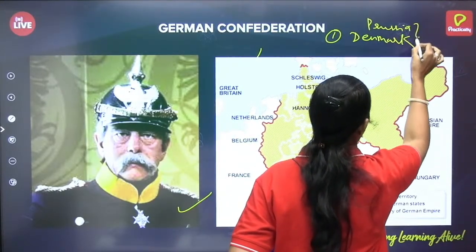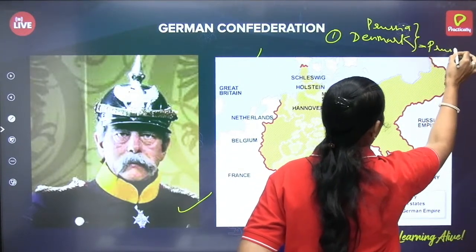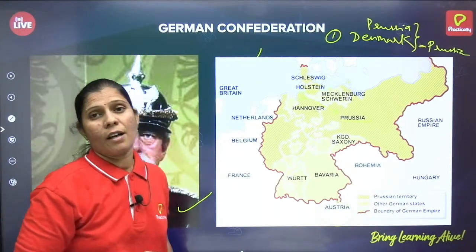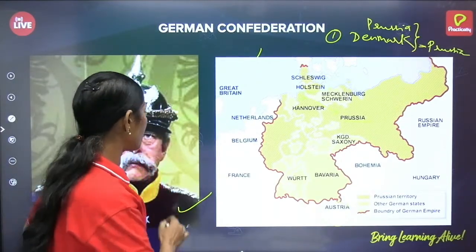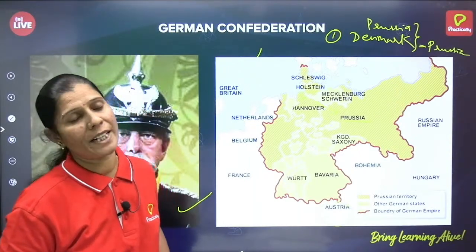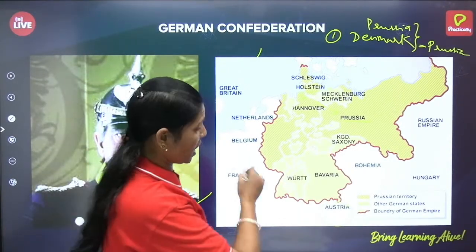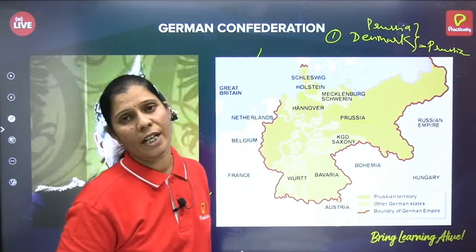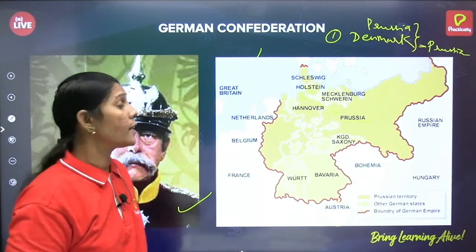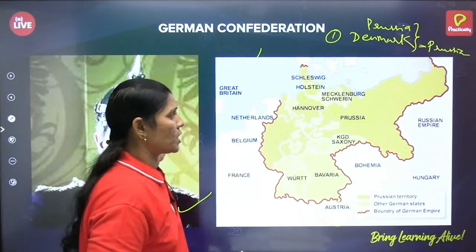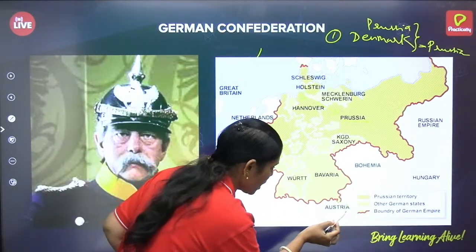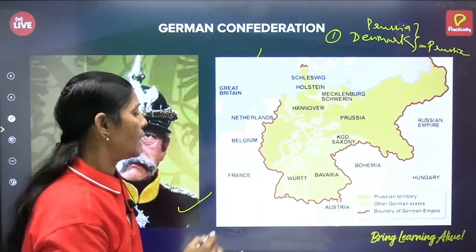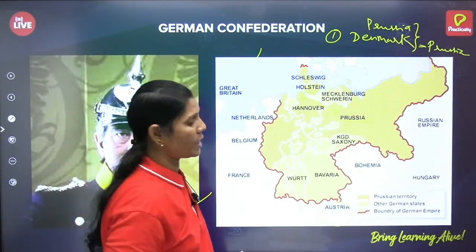In this war, Prussia won against Denmark. Bismarck planned very diplomatically, establishing friendly relations with Austria in the beginning, and with Italy and France, by mutual understanding and neutrality. So Denmark was defeated, and Austria did not support Denmark.